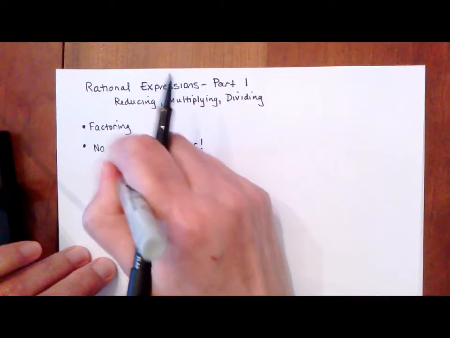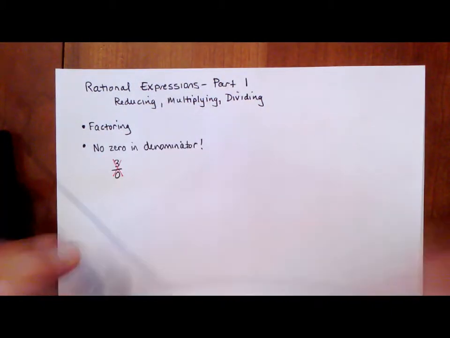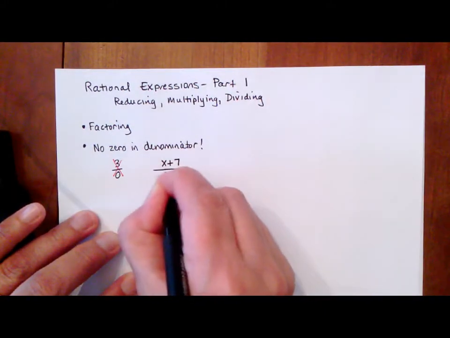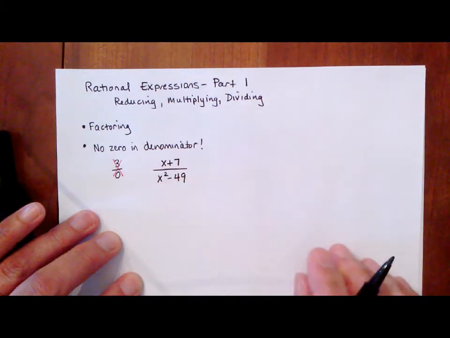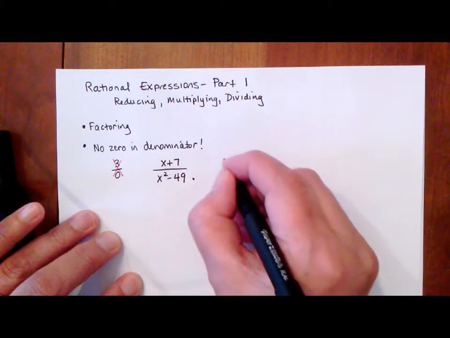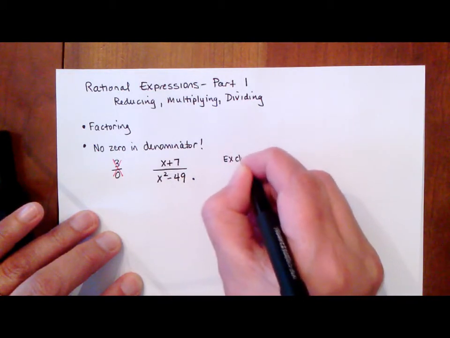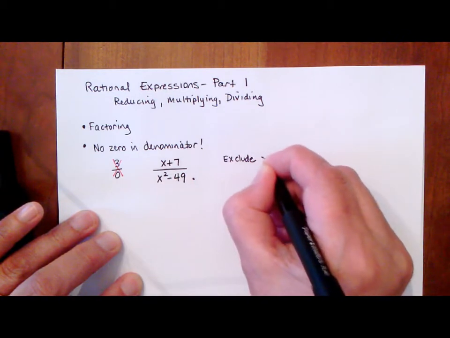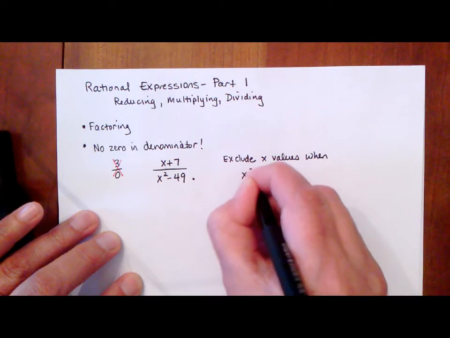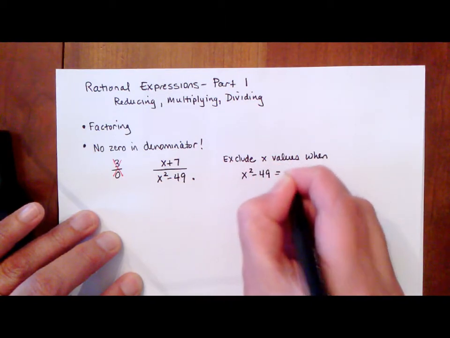In an algebraic fraction, we might have something that looks like this. And we might not realize I potentially have a problem. When might I have a problem? Well, whenever this denominator could possibly equal 0. So I'm going to need to exclude the values of x when that x squared minus 49 would equal 0.